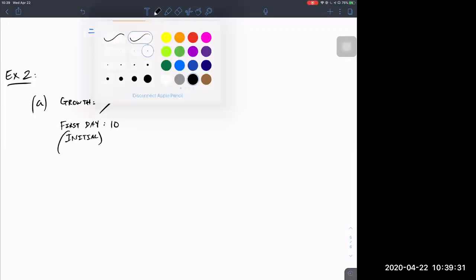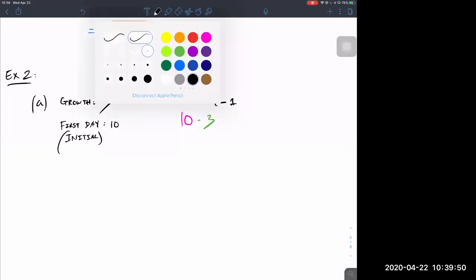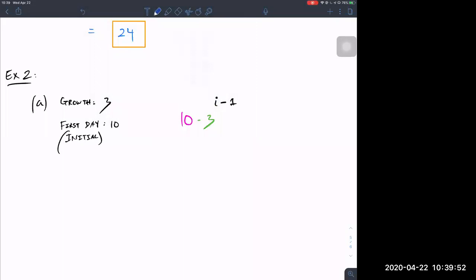So using what we learned, that means that you have 10 here times 3 to the I minus 1, right? But then all of a sudden, it also tells you 10 cents is made for each person the post reaches. So that means that you have to do something like this.